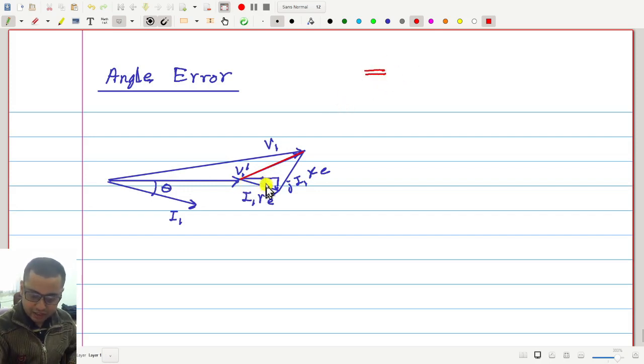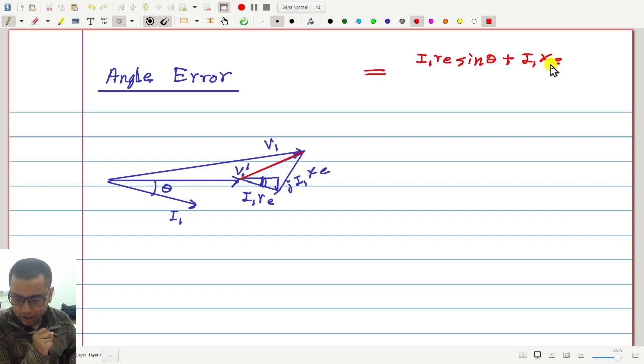This angle is theta. So I1 Re, we want the vertical component, so sine theta, plus the vertical component of this inductive drop, I1 XE cosine theta.